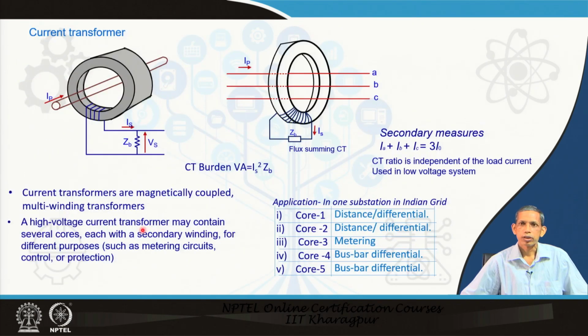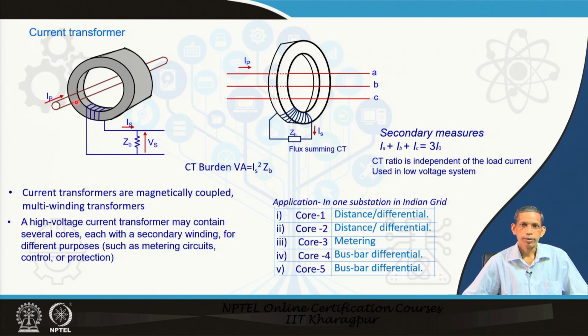We will continue with the current transformer first, and then in subsequent lectures we will see the voltage aspects. Coming to the current transformer, simply, if this is the conductor in the high voltage system, then we have a core and we have a winding. So, this is the secondary winding and this is the primary of the current transformer.